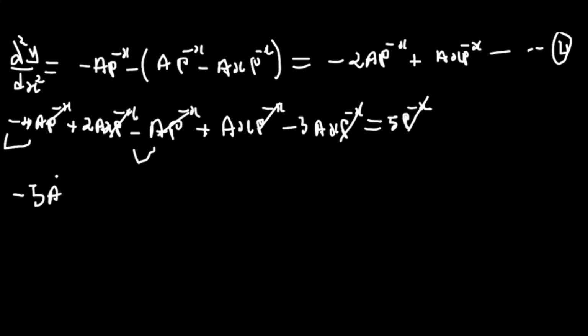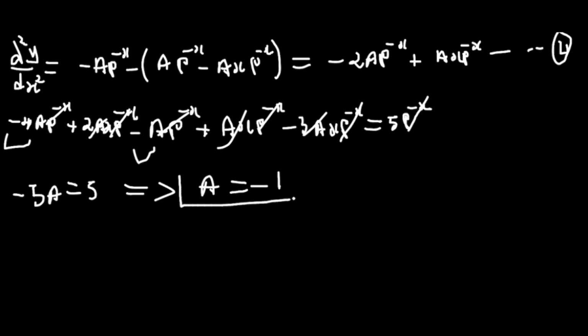We are done with all the constants. Now for all the terms in x, we have 2ax plus ax, which gives us 3ax. This and that will cancel each other, so this will be equal to 5. This implies that our a will be minus 1. Very good, so we have our a to be minus 1.